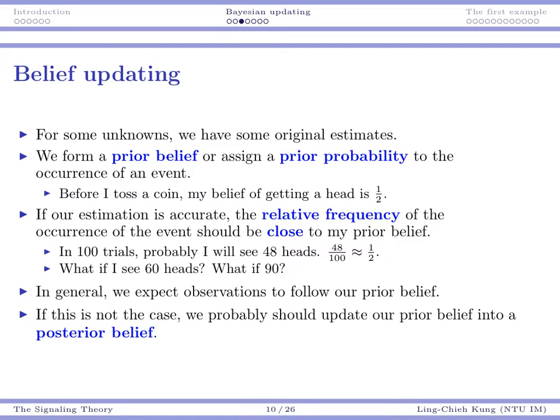But if after the experiment I see 60 heads or even 90 heads, then I probably should conjecture that my prior belief is somewhat wrong. So I may update my belief to a posterior belief. Based on my observations, I should update my prior belief to my posterior belief.